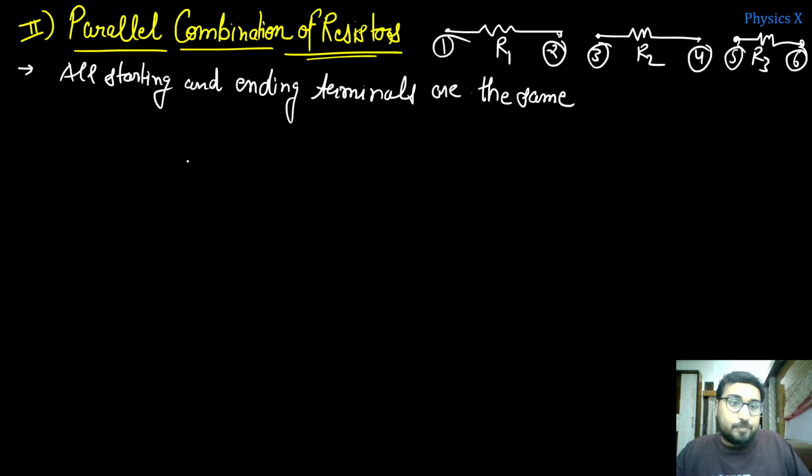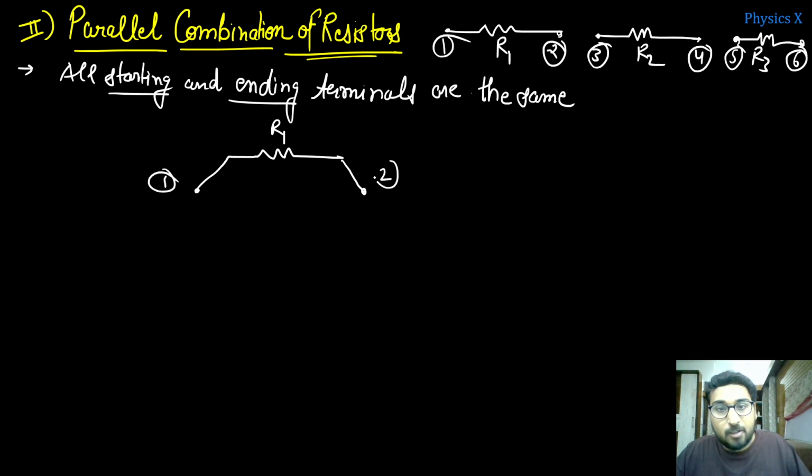That is, the starting terminals and ending terminals are going to be connected like this. Suppose this is the R1 resistor. So I am going to connect R1 like this. This was the first terminal of R1 and this is the second terminal.